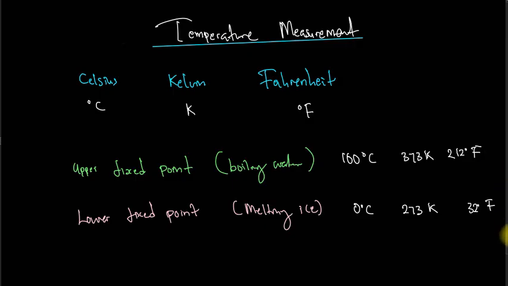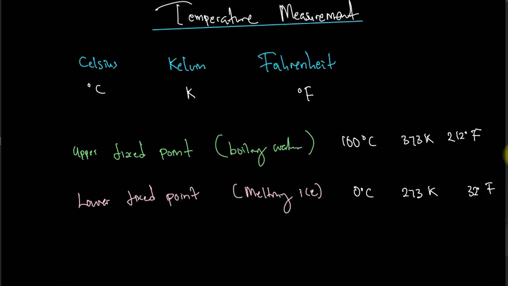Okay, so upper fixed point. What's the instrument used to measure upper fixed point? Upper fixed point is measured using a hypsometer. Please don't confuse it with hydrometer. Hydrometer is used to measure relative density. Whenever you hear hydro, just know it's density, relative density.